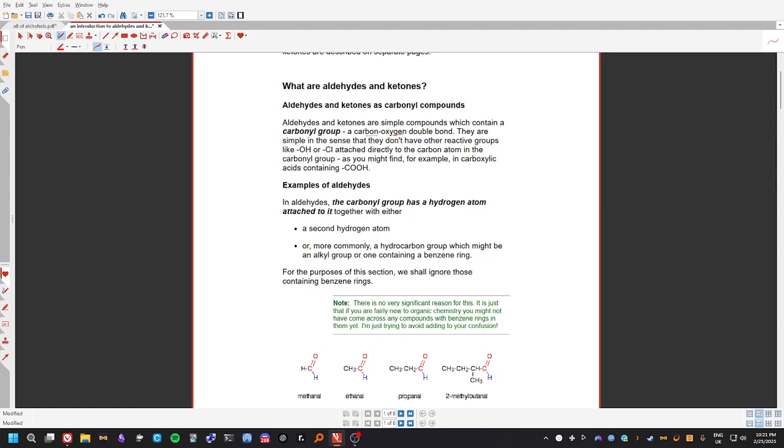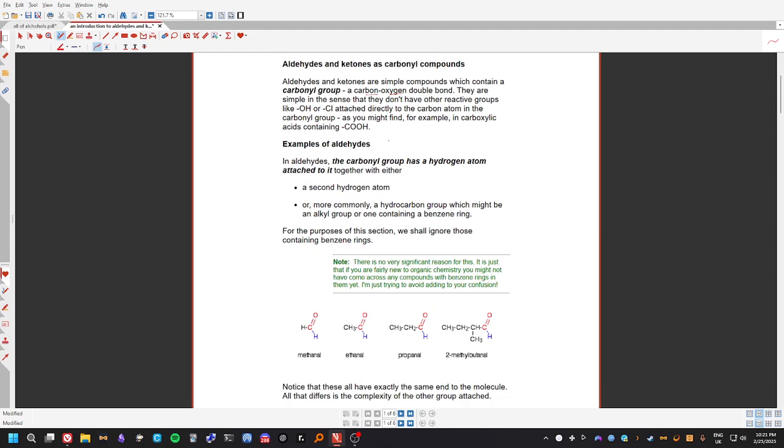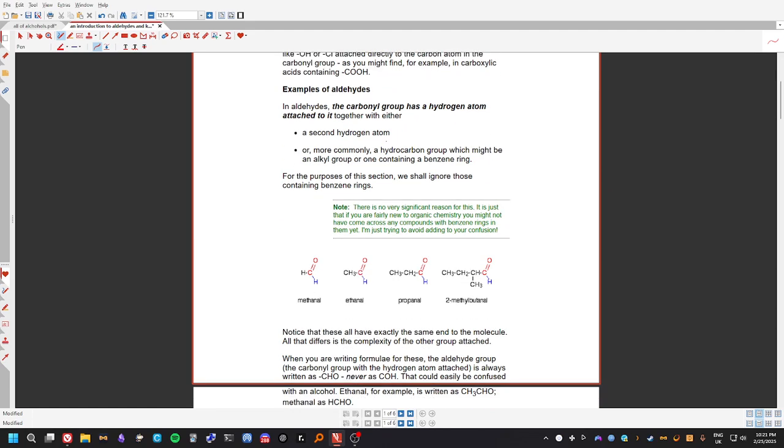So in carboxylic acid you have COOH. So although it contains a double bond, it also contains two O's, which makes it quite reactive. Now in aldehydes, the carbonyl group has a hydrogen atom attached to it, with either a second hydrogen atom, or more commonly a hydrocarbon group, which might be an alkyl group or one containing a benzene ring. So let's just repeat that.